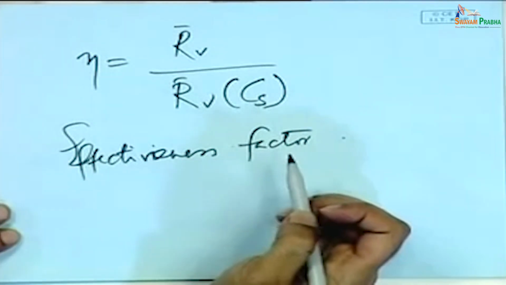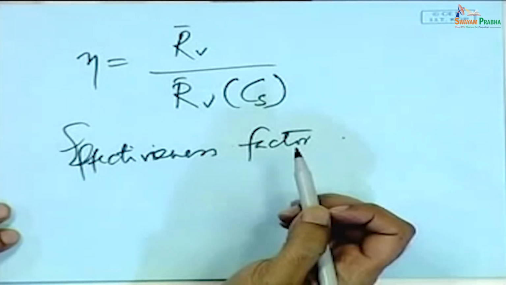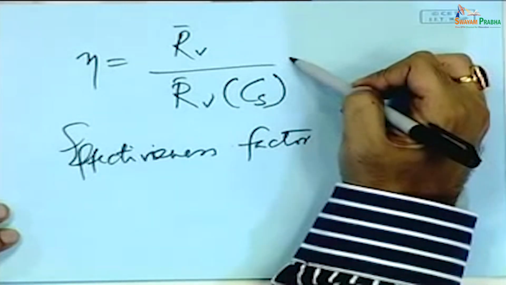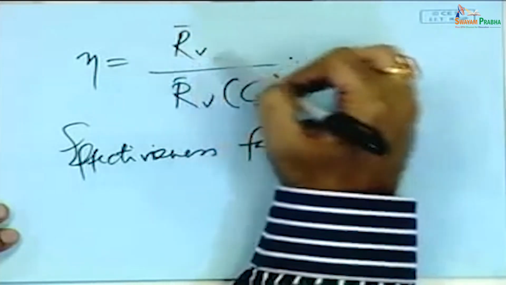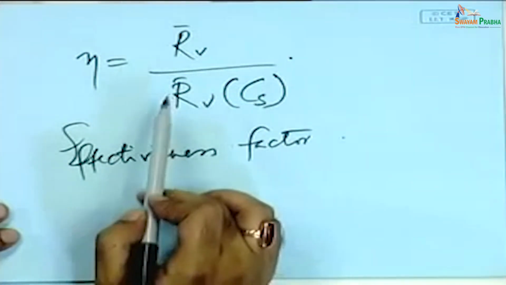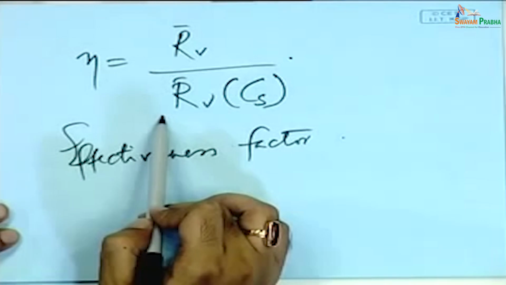So let's try and see what the effectiveness factor is. The effectiveness factor is essentially the reaction rate when the reaction is occurring over the entire region, over the reaction rate if it were only occurring at the surface concentration.